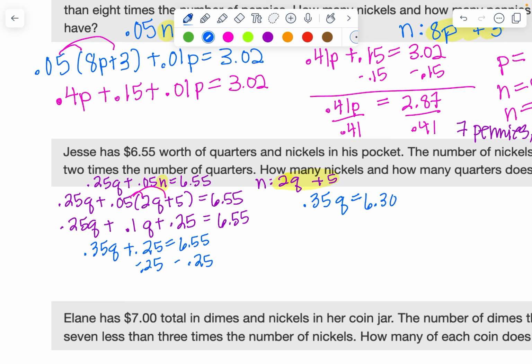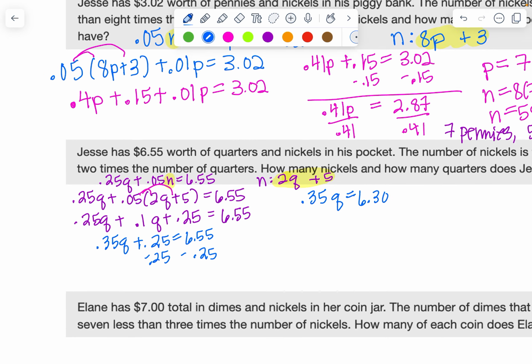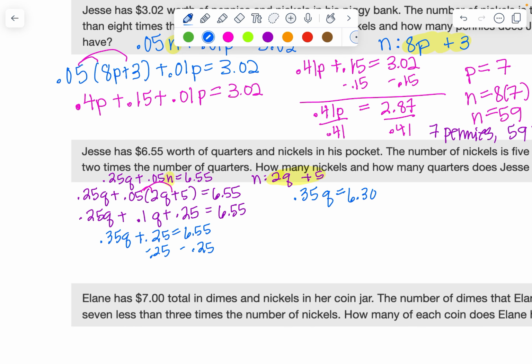And then dividing both sides by 0.35, we would get that the number of quarters is 18, which then means the number of nickels is 2 times 18 plus 5, which is 41.